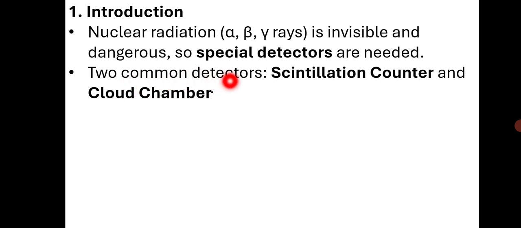The two common detectors are scintillation counters and cloud chamber. So this lesson is going to look at these two methods. When we have fully covered a discussion on these two methods of detecting radiation, it means we shall have a total of 4 methods, namely the use of the GM tube, the photographic film, then scintillation counter and cloud chamber.